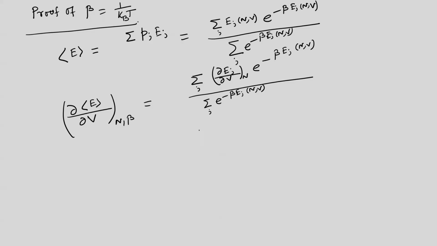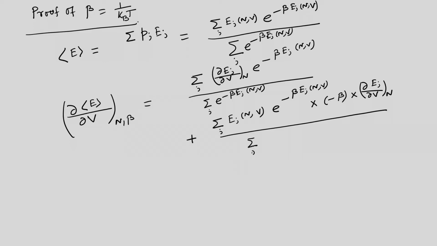If we do that, we get Ej of n and V, this is unchanged, and then e to the minus beta Ej of n and V times minus beta times del Ej by del V at constant n, by sum over j e to the minus beta Ej.